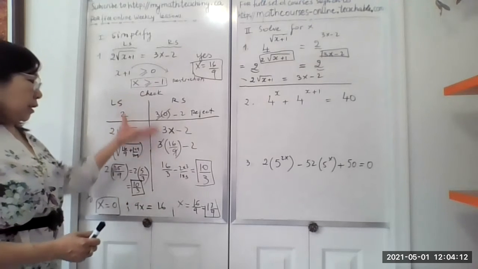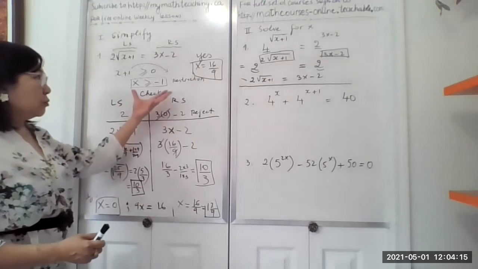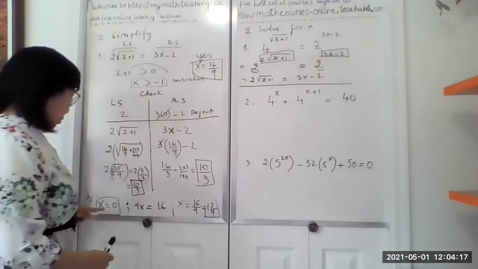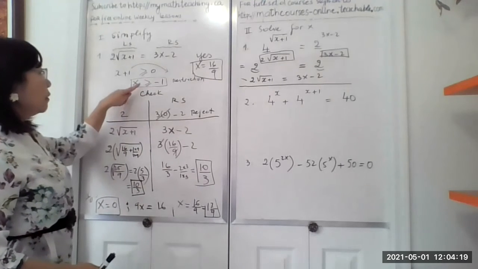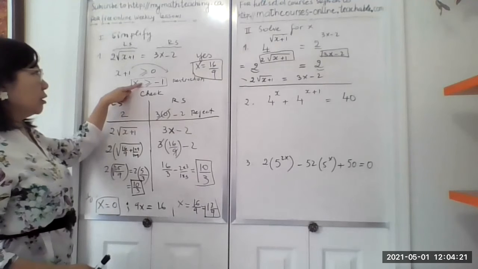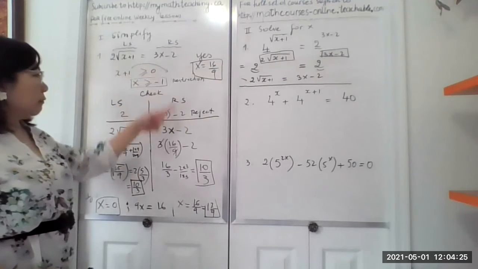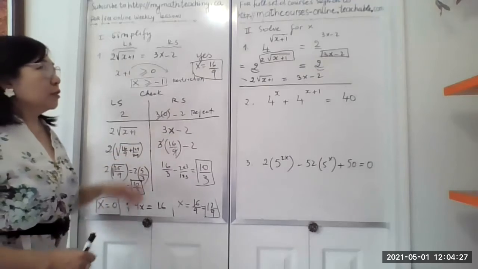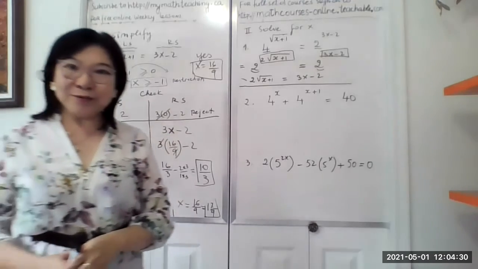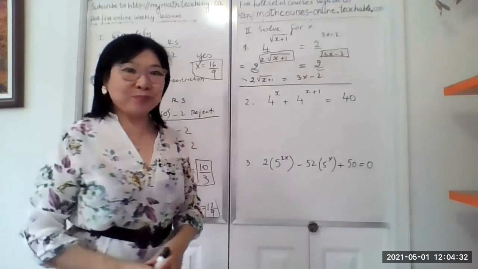In this case, just one root is valid. The other root, x equals 0, satisfies the condition, but when we check, the left side is different from the right side. That's how you handle the radical equation.